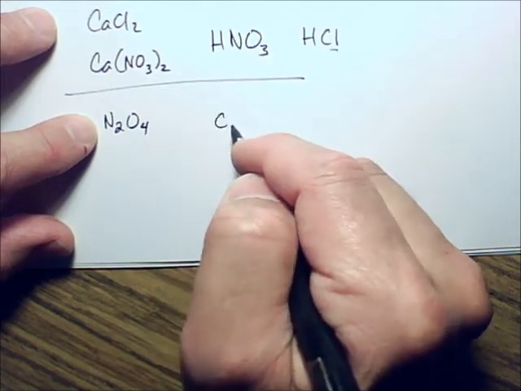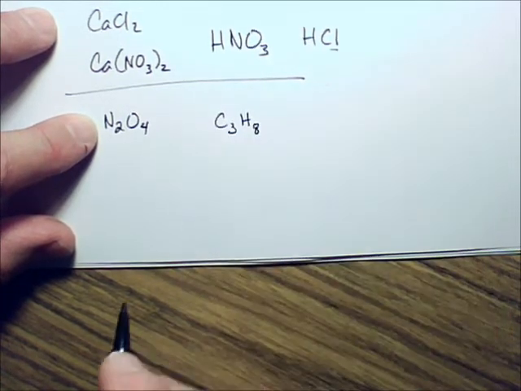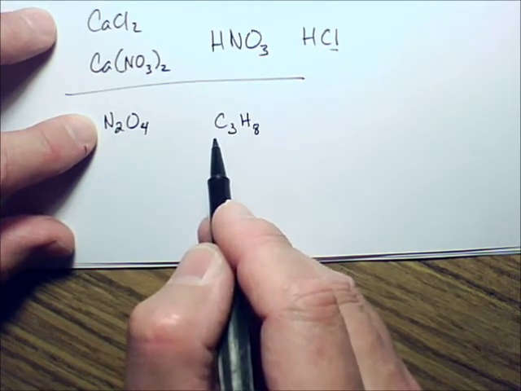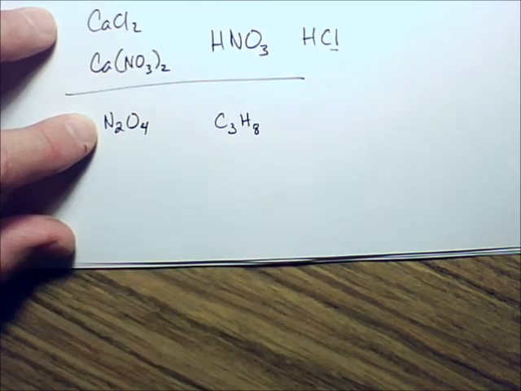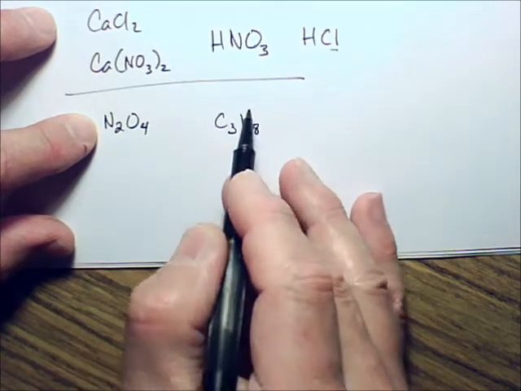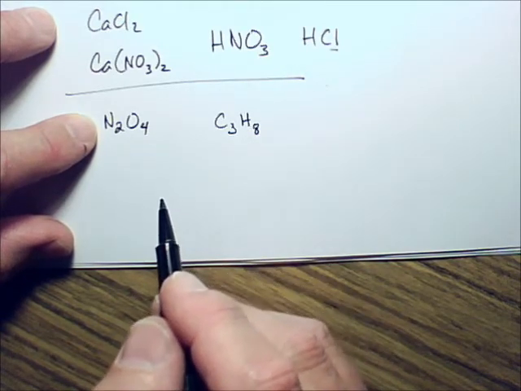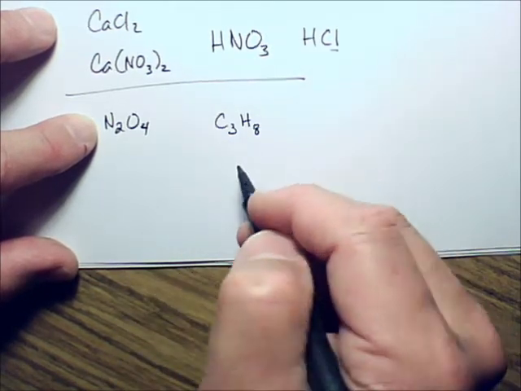But organic might be something like this, where carbons are bonded to other carbons. The only way this will work is if carbons are bonded to other carbons. So you have to use the organic naming rules for this. Now it gets a little bit confusing sometimes when there's only one carbon around.